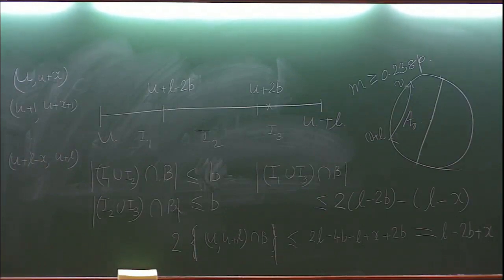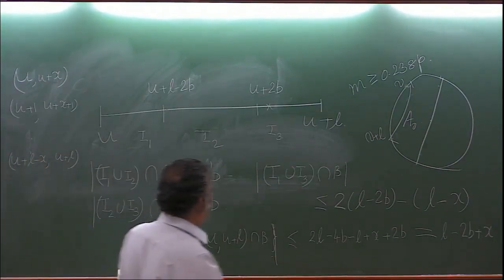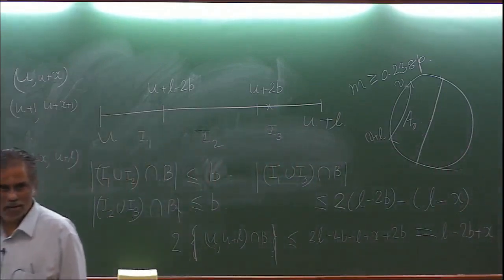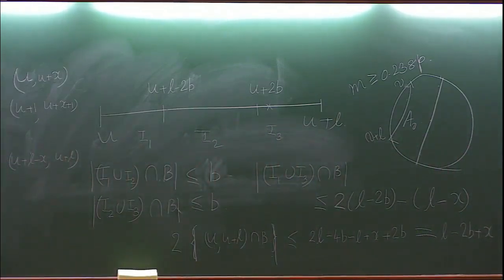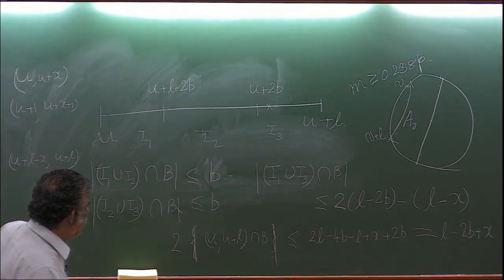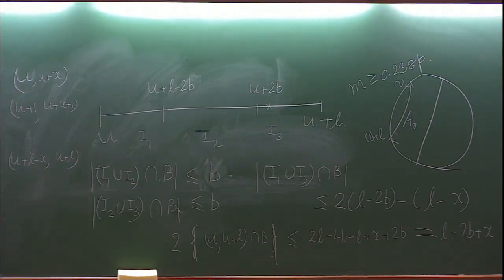But x is strictly bigger than 2b, and therefore this number is strictly less than L. Wait, one minute. 2L minus 4b minus L plus x plus 2b gives L minus 2b plus x.